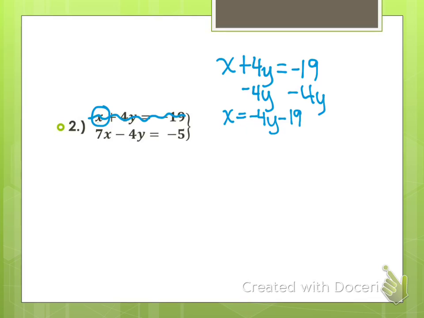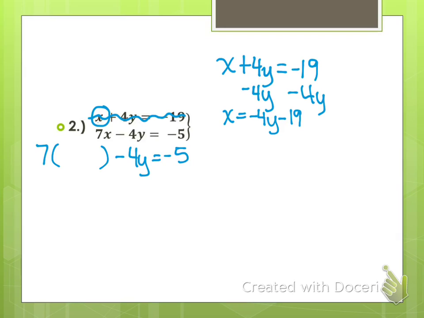I need to rewrite my bottom equation, and I need to leave a blank for the x. 7 parentheses minus 4y equals -5.